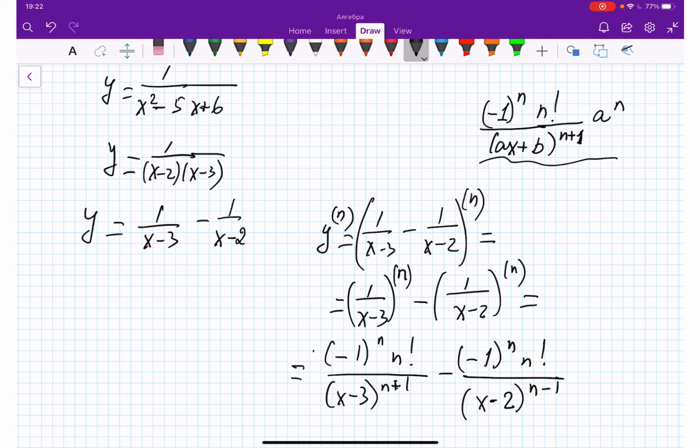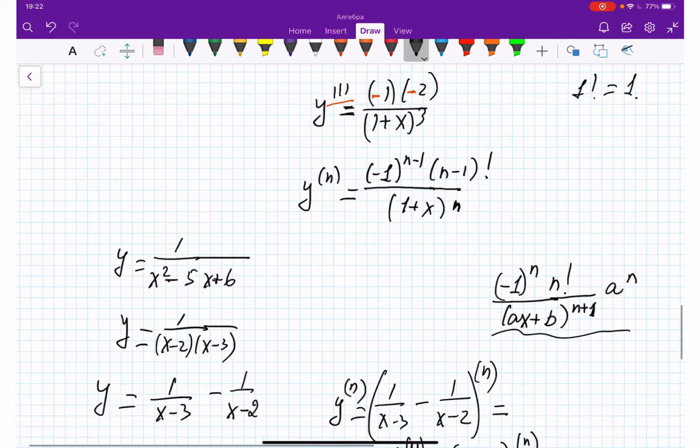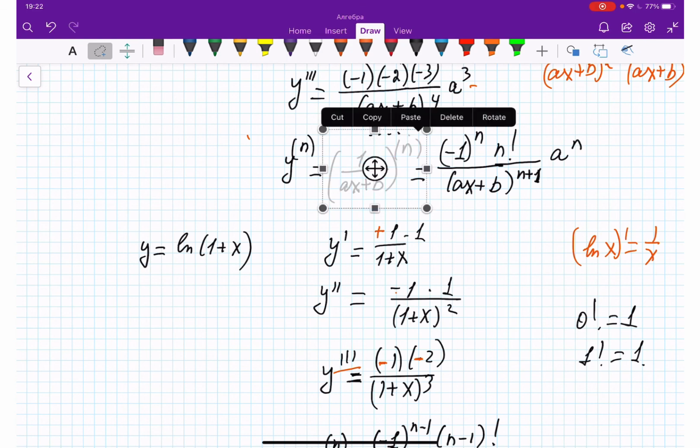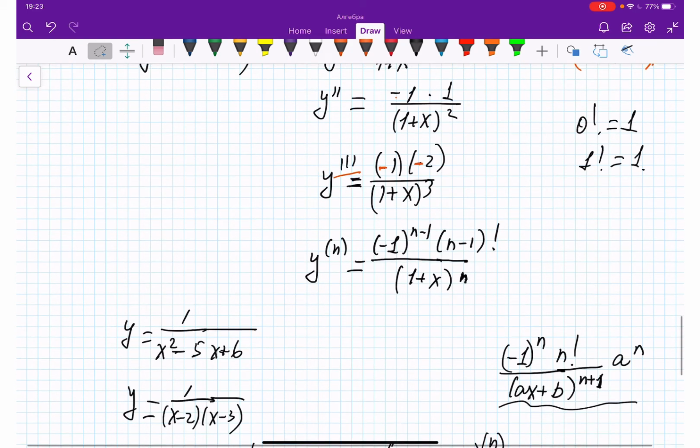Okay? Because what did I use here? Let me move this formula also, not the formula, the general form, so you can understand what's happening here.